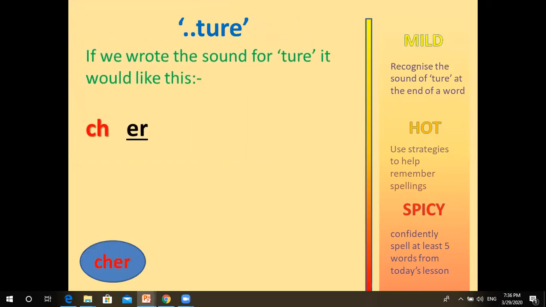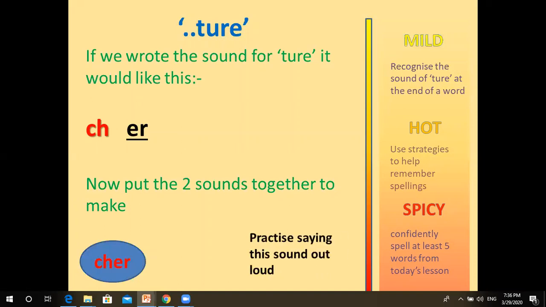If we wrote the sound for T-U-R-E, it would look like this: ch-er. Now, put the two sounds together to make chur. Blend them together to get the new sound, chur.